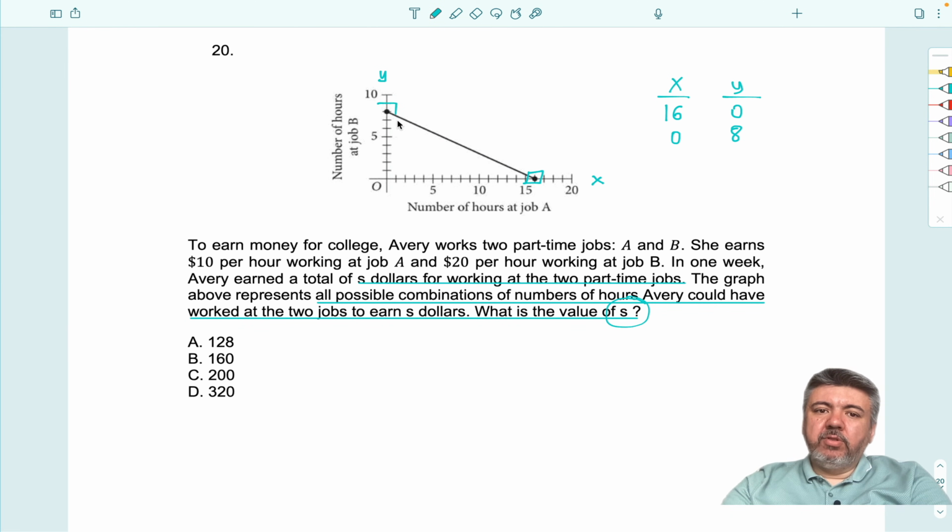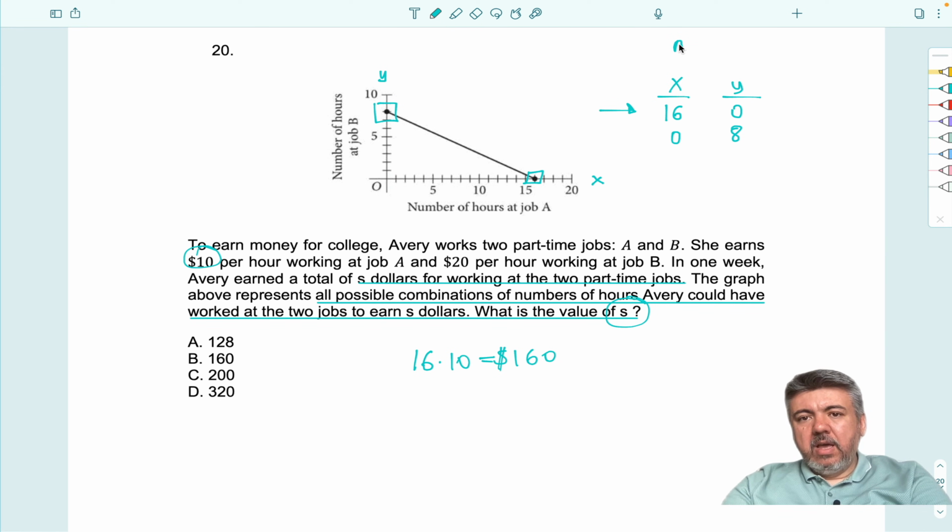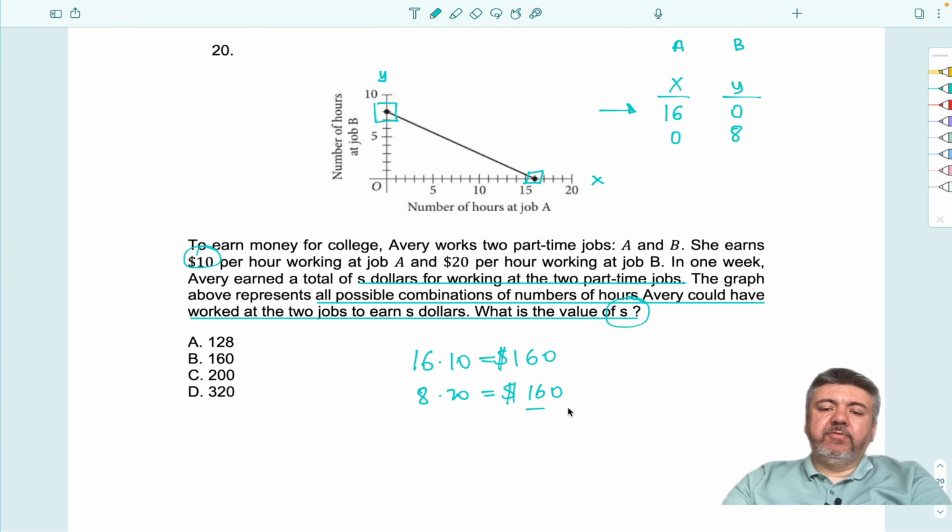So I'm concentrating on these two edges, these 2 points. For example, 16 hours for job A, and each hour gives her $10. So $160 if she works 16 hours for job A and 0 hours for job B. Similarly, she works 8 hours to earn $20 per hour from job B, and it's still 160.